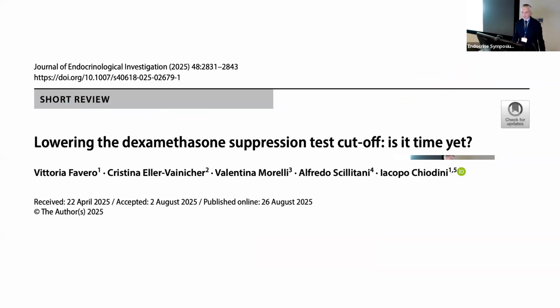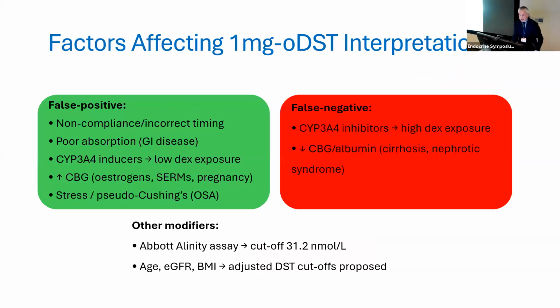So is it time to lower the cutoff for the overnight dexamethasone suppression test? And this is a question that's actually being asked. And for physicians, it's not that simple actually to just consider a cutoff of 50 nanomoles per liter, because the overnight dexamethasone suppression test is prone to quite a few false positive occurrences.